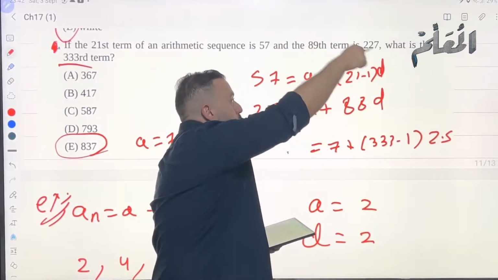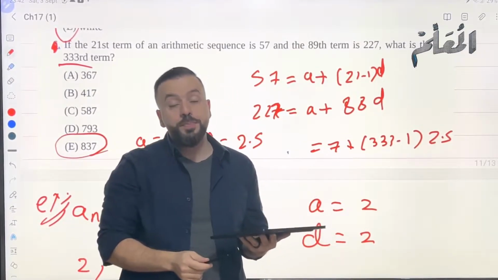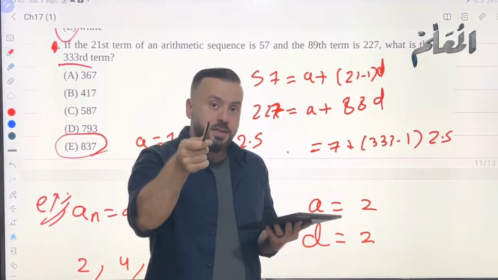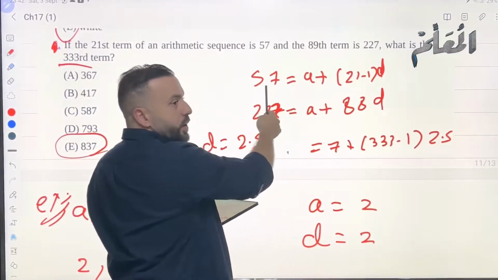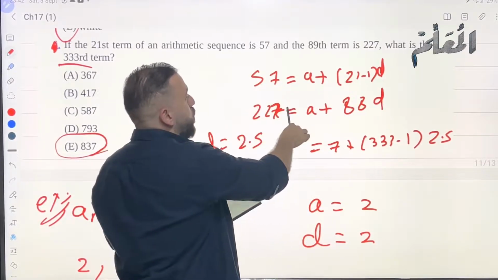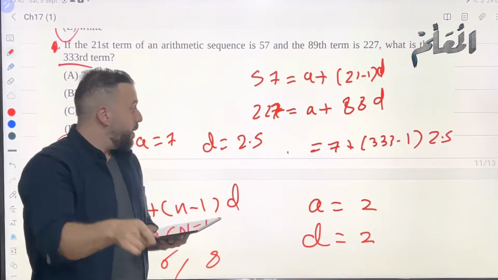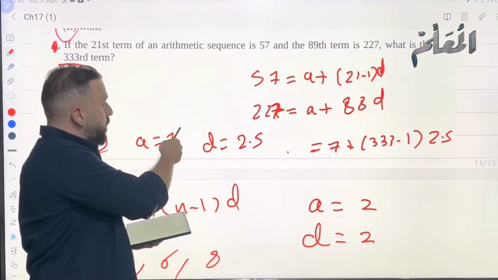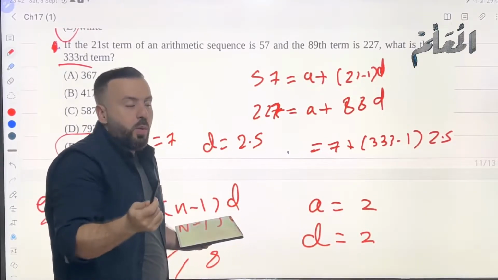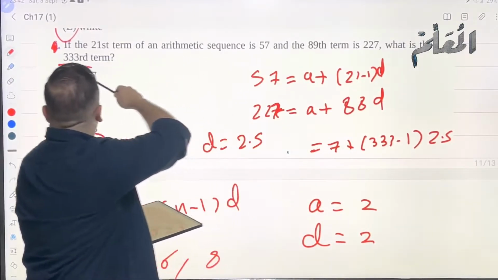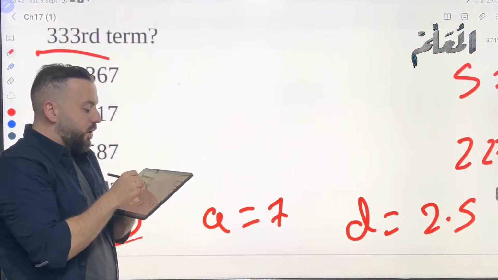So those are two equations. Remember, in chapter 5 we did simultaneous equations. We put the coefficients 1, 20, 57 in the calculator, and again we put 1, 88, 227. In this case, I get a equal to 7 and d equal to 2.5. Fine, I get a and d. So what do you want now? What is the 33rd term?